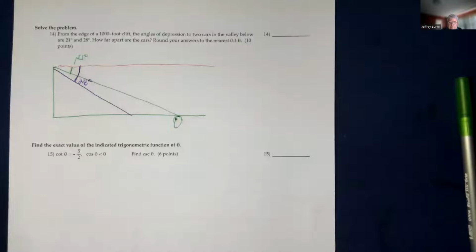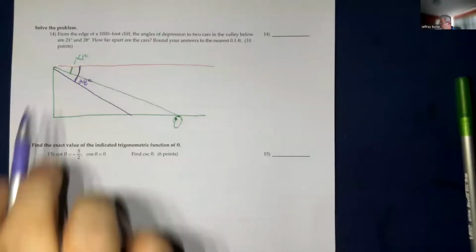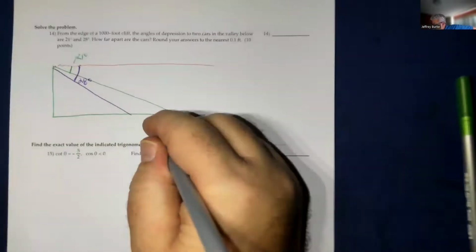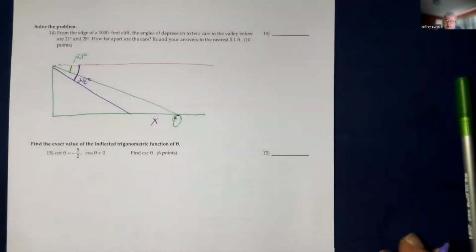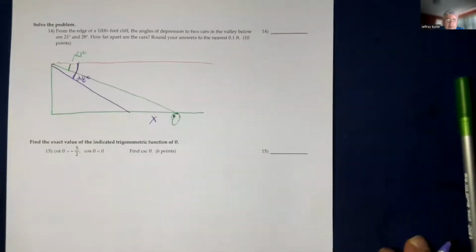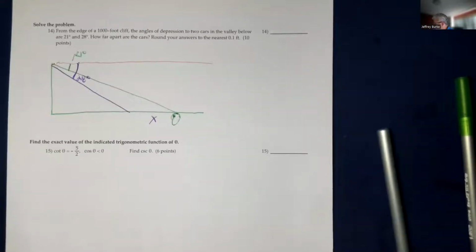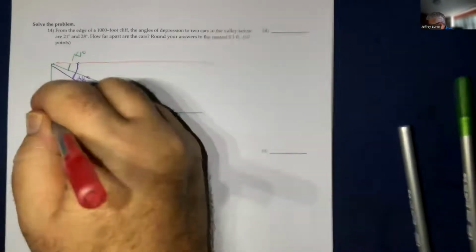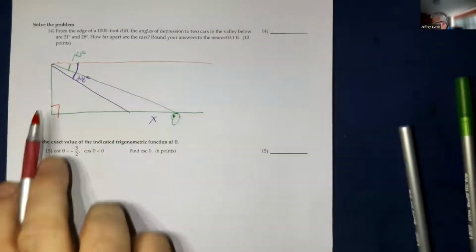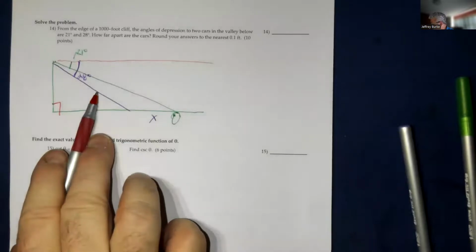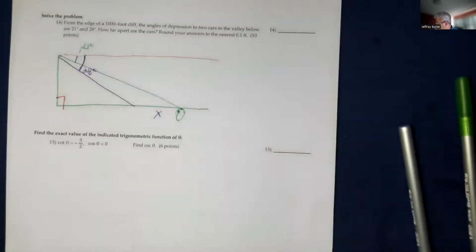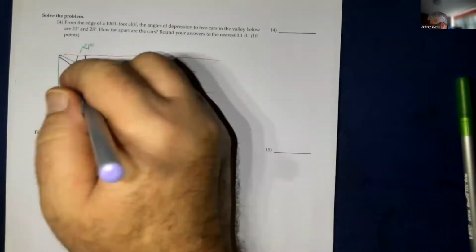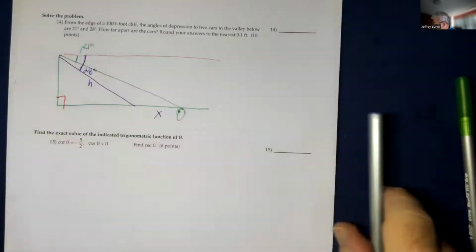All right. So it asks us how far apart the cars are. That's this distance here is what we're looking at. Okay. So in order to do this, we're going to have to do labeling of a few things. So in this problem here, here's our right angle. And actually, you're going to notice that we're going to have 2 different hypotenuse parts here. So I'm going to label this hypotenuse in purple here.